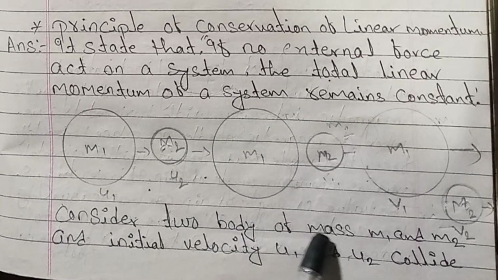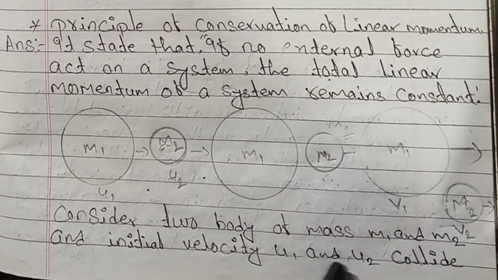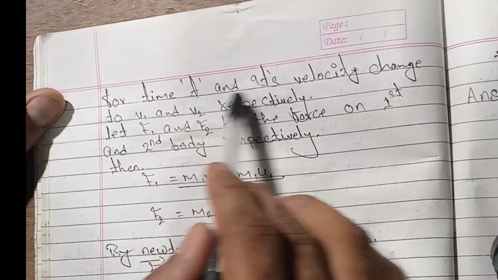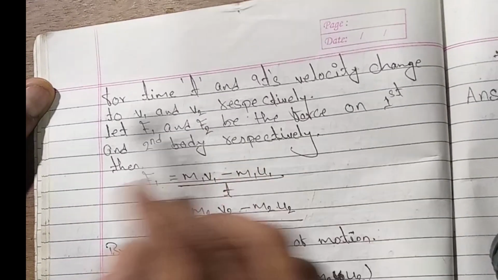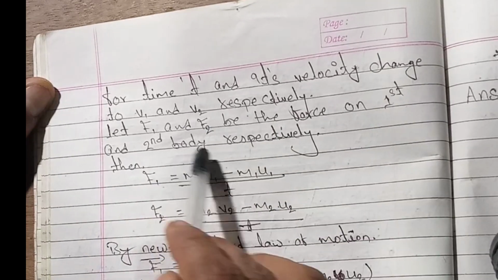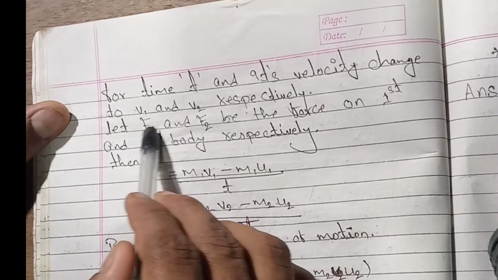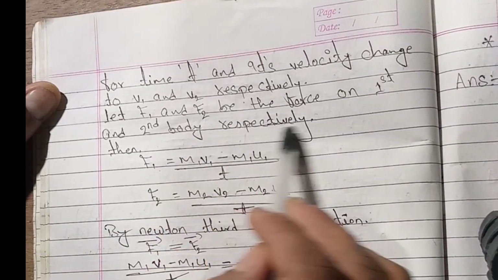Consider two bodies of masses m1 and m2 and initial velocities u1 and u2 that collide for time t, and their velocities change to v1 and v2 respectively. Let F1 and F2 be the force on the first and second body respectively.